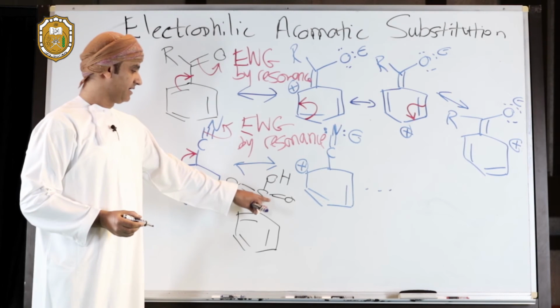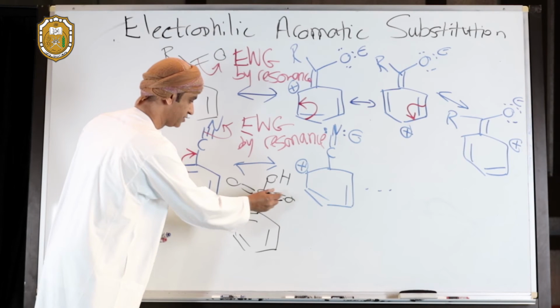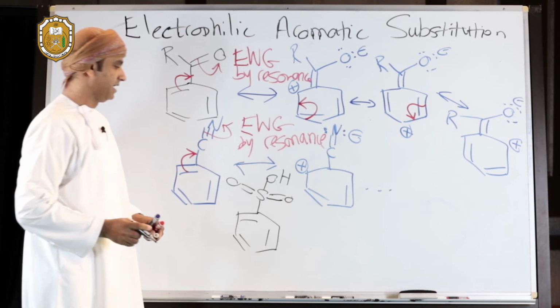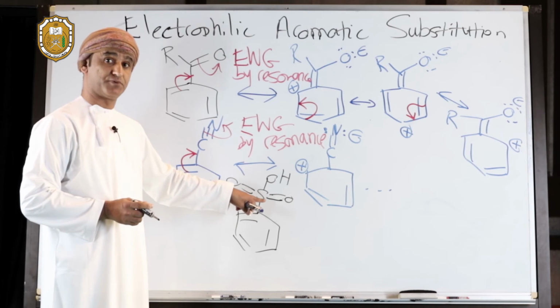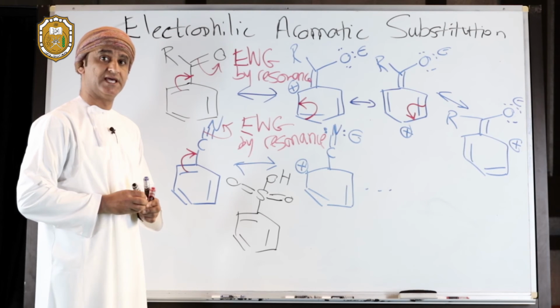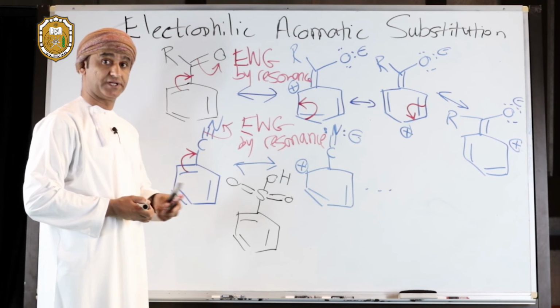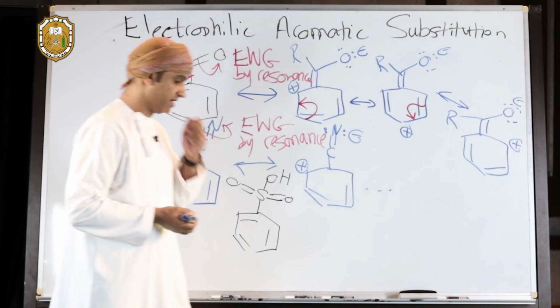So you can see that there are sulfur-oxygen double bonds, and there are two of them. So that's enough. The presence of a multiple bond, or this double bond between sulfur and oxygen, entitles, if you like, this sulfonic unit to behave as an electron withdrawing group by resonance.